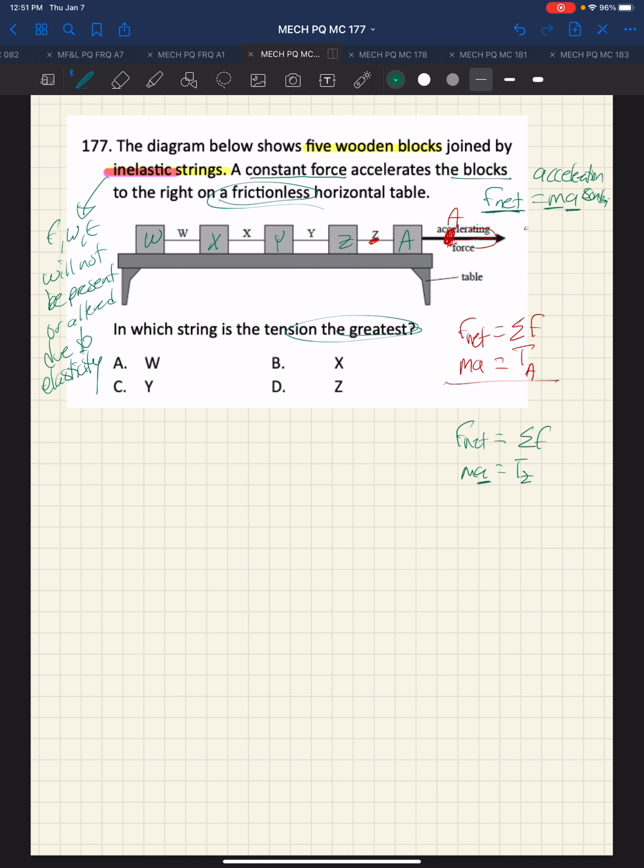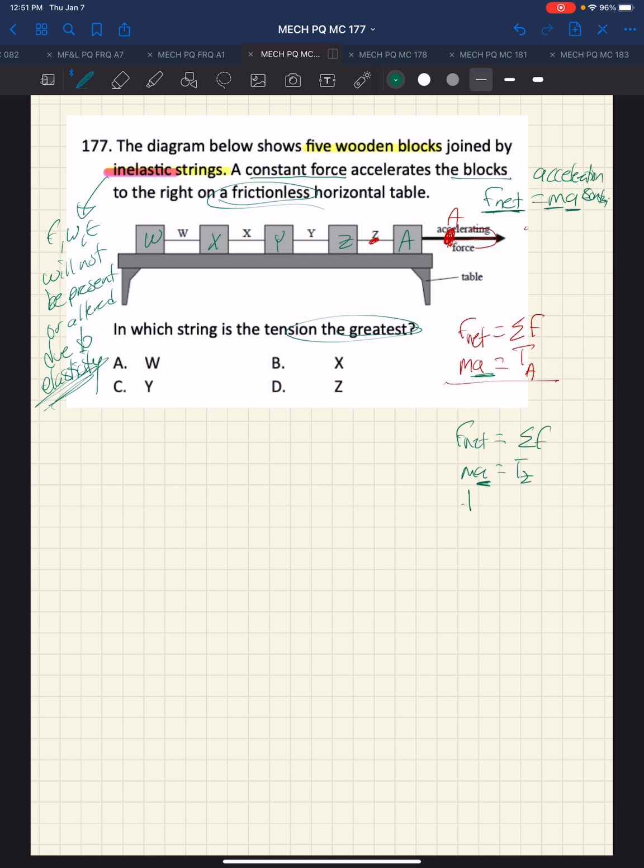This train is moving along together, as in a railway train. Every car in a railway train, since they are connected and can't be compressed or stretched, thus this inelasticity part, must have the same acceleration, the same velocity. They're connected. They're effectively one body. So the acceleration here is the same as the acceleration at A.